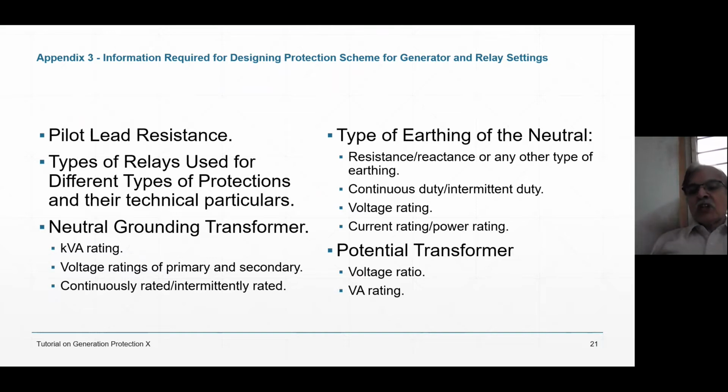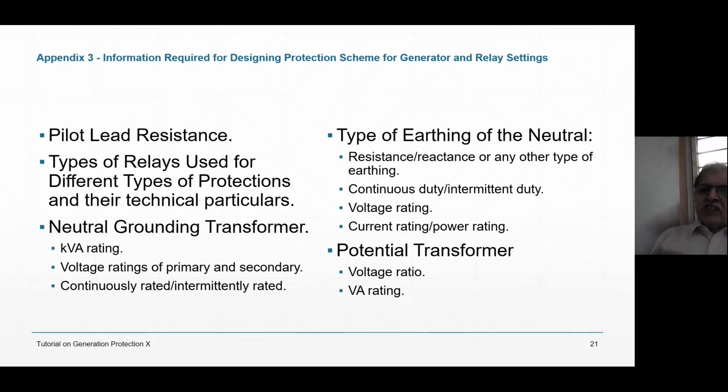Type of earthing of the neutral: whether you are using resistance or reactance or any different kind of earthing, such as a Peterson coil, you should know that. Whether the earthing reactor is continuous duty or intermittent duty. The earthing reactor is not in the circuit during normal working. It is only for a line to ground fault.